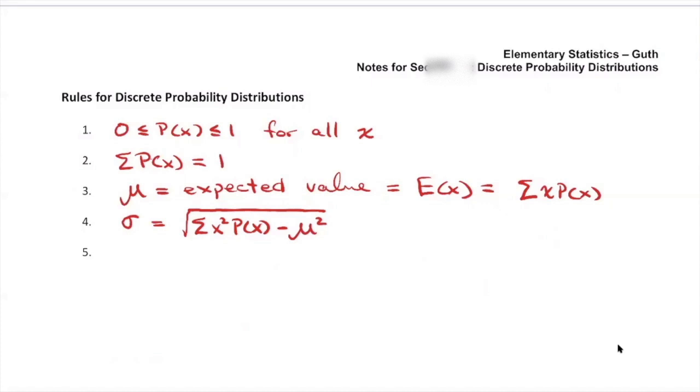So standard deviation. I'll make some more notes into this. So the mean expected value is also known as the mean. Okay.